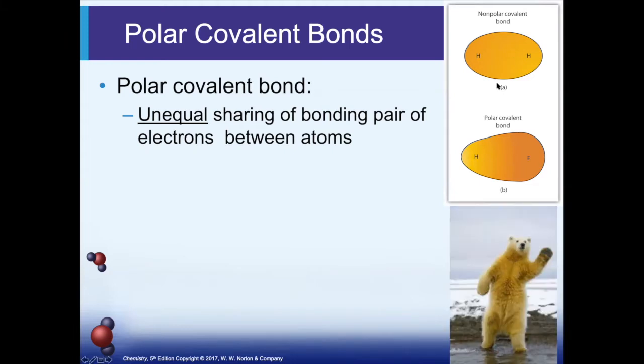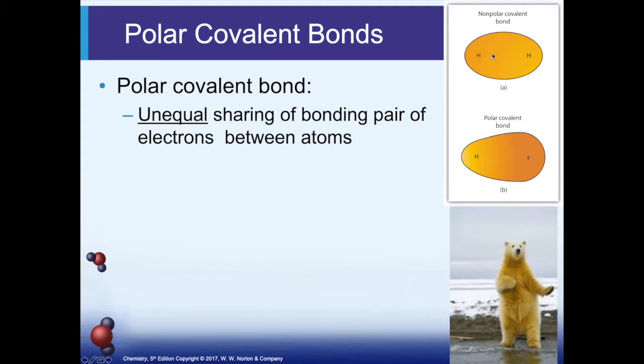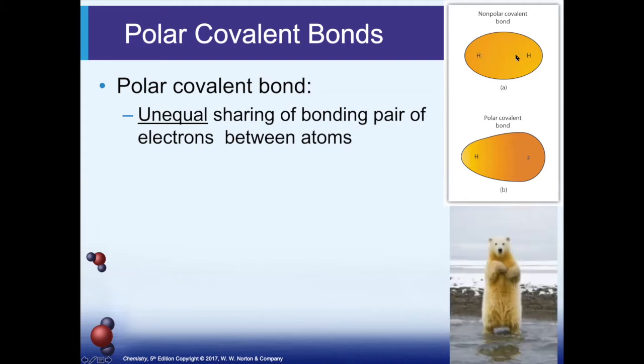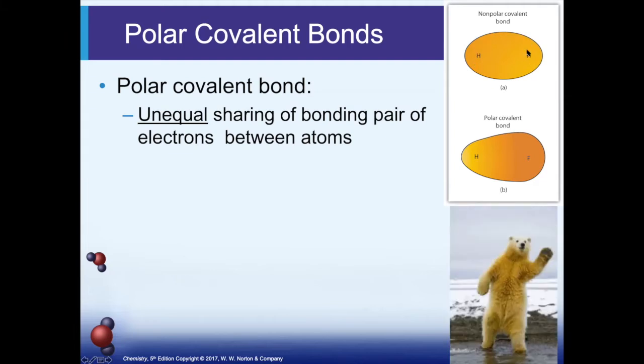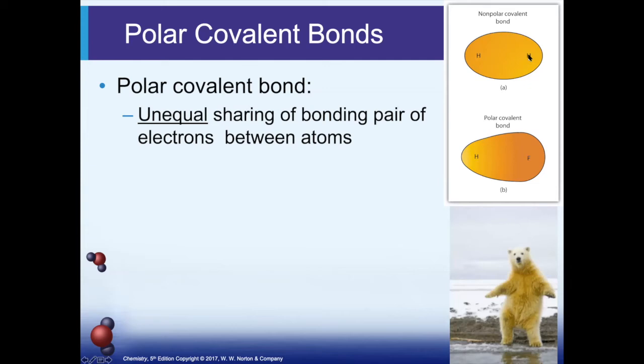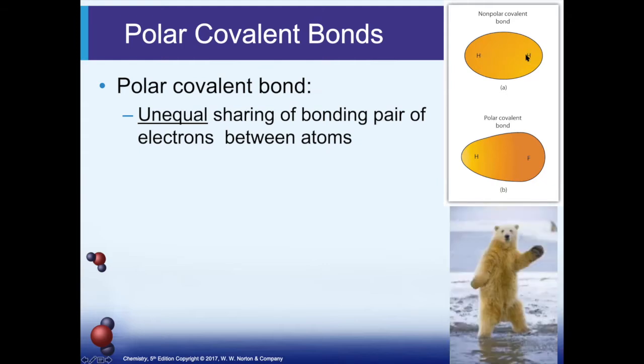So over here in this picture, there's a bond between these two hydrogen atoms, and this oval represents the electron cloud, the electron pair that's shared between the two hydrogen atoms. Since they're exactly the same element, one is not going to possess the electron pair more than the other. It's going to be the same. So we can call that equal sharing.